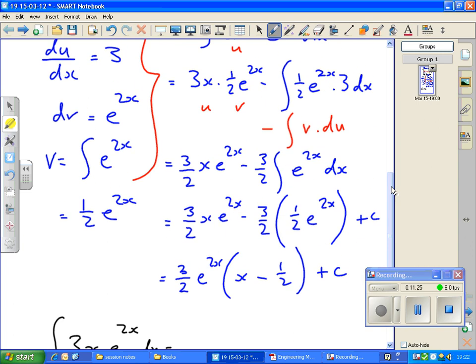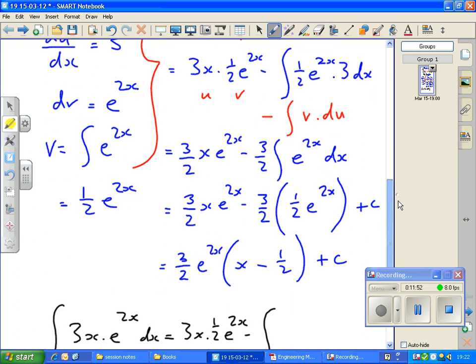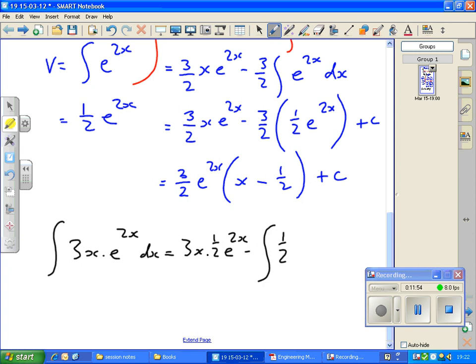Now if we write this line again, that's the uv minus v du bit. So if we rewrite this line, this equals 3x times a half e to the 2x minus the integral of a half e to the 2x times 3 dx.